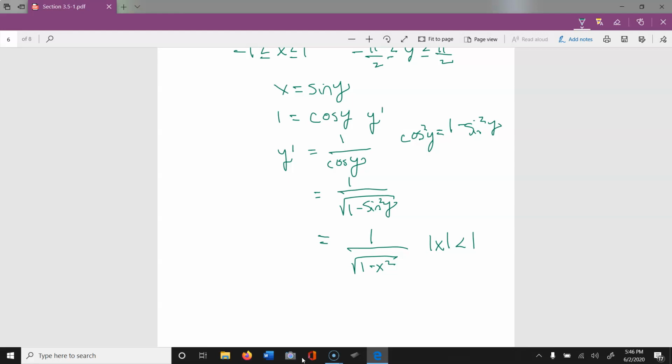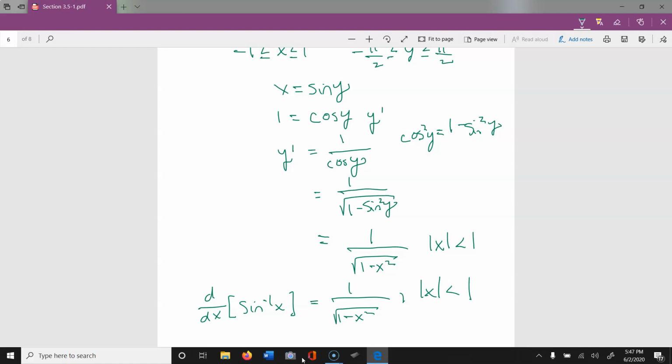So in other words, the derivative of sine inverse of x is 1 over the square root of 1 minus x squared, with the restriction that x is between -1 and 1, and that's the derivative of the sine inverse function.